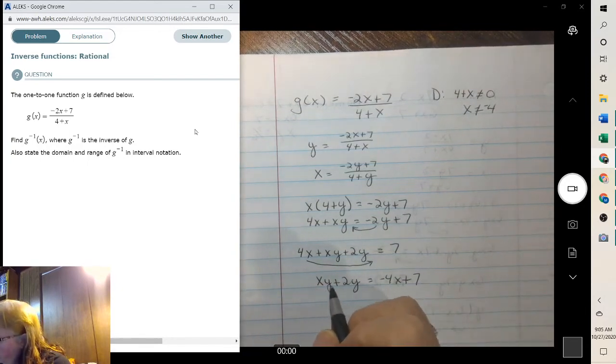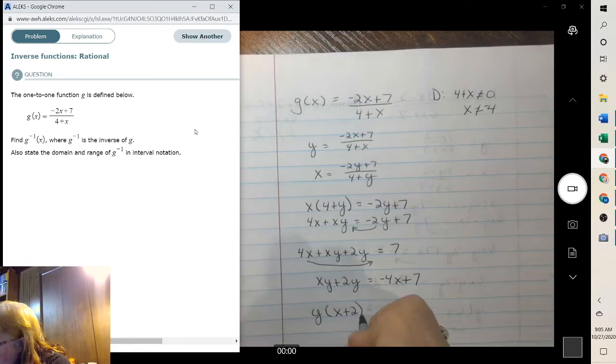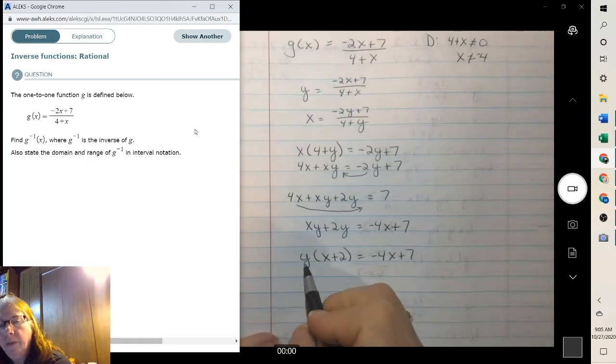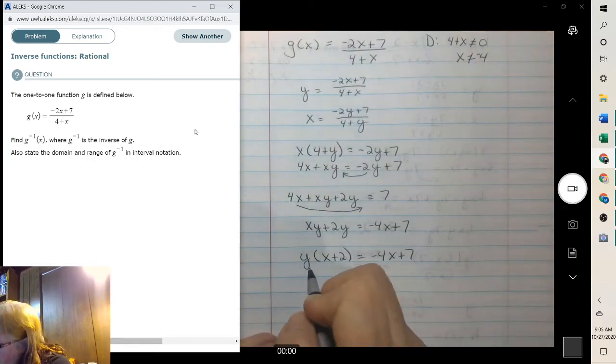And then I'm going to factor a y out. Now we can get y by itself by dividing.